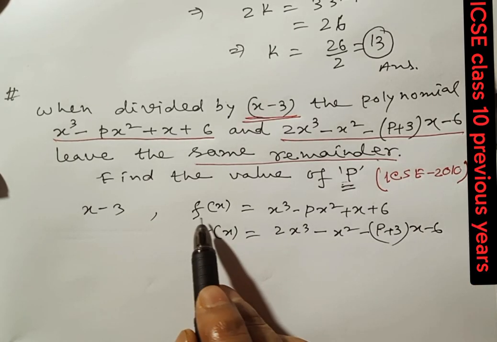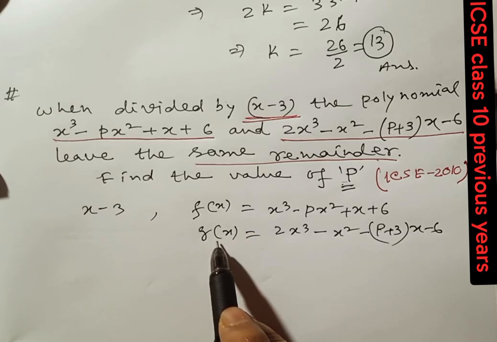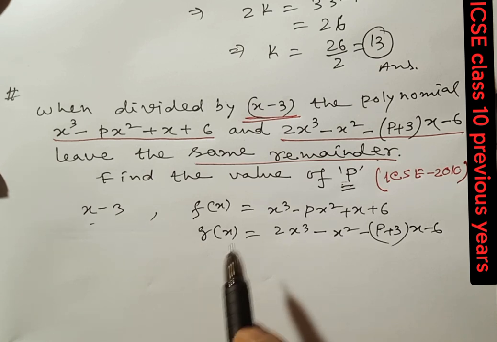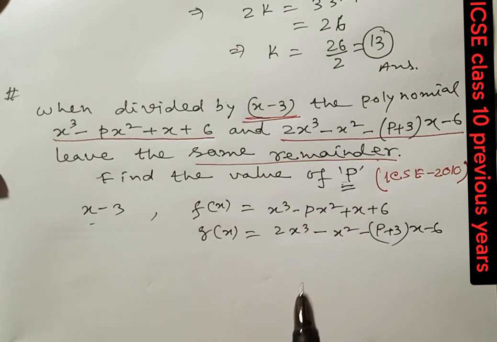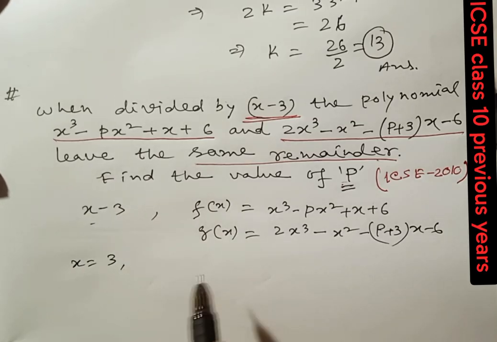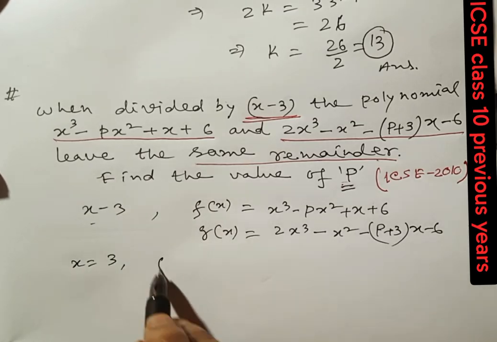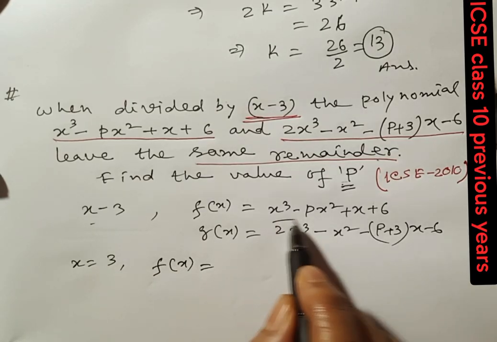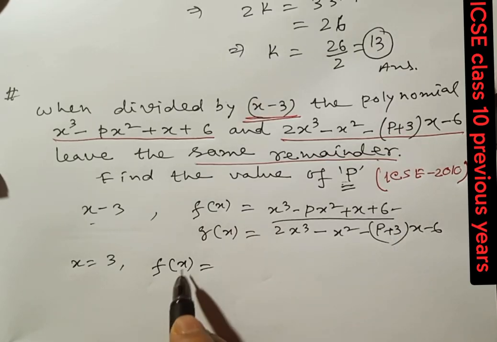When f(x) and g(x) are divided by x minus 3, the remainder will be the same. So here we put x equal to 3. So f(3) equal to 3 cube.